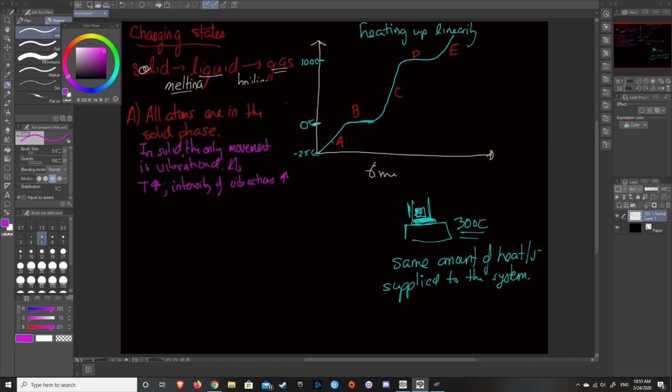So basically we're creating increased vibrations, increased friction. So we're basically making them rub against each other a lot more. They're vibrating more violently left and right as temperature increases. So B, what's occurring at B, we call this the melting point.